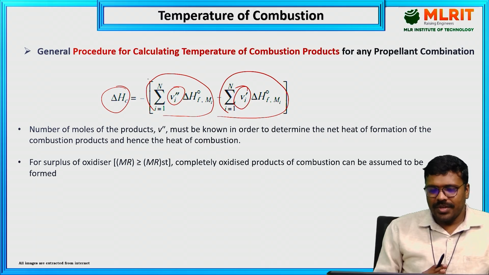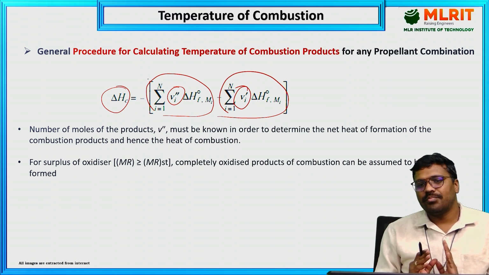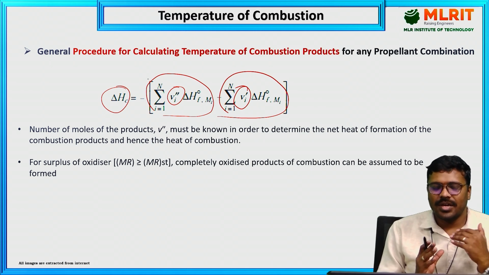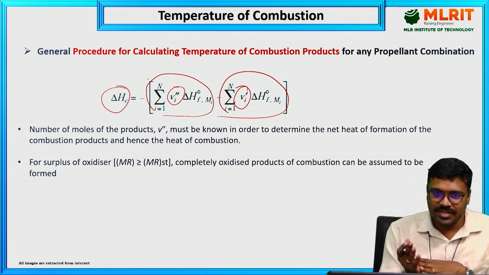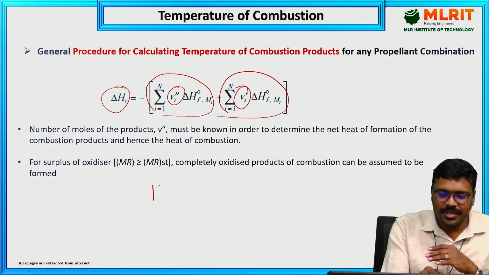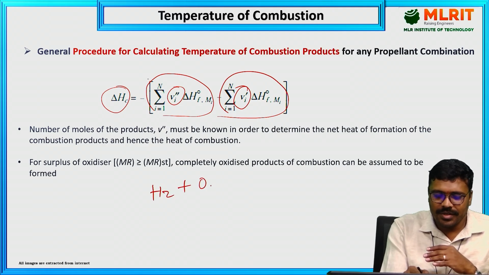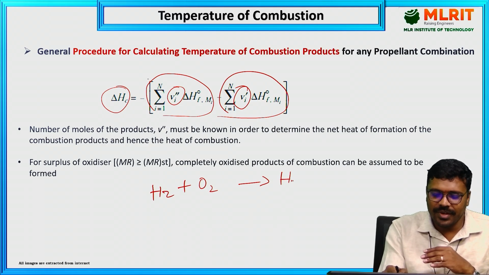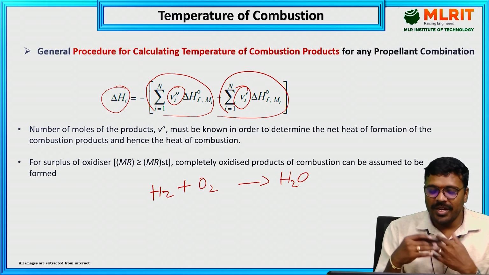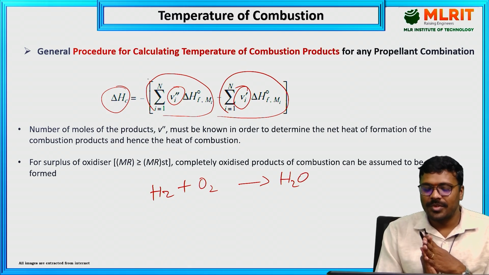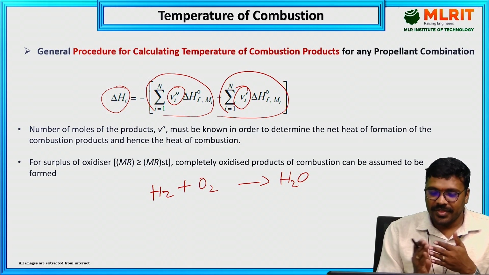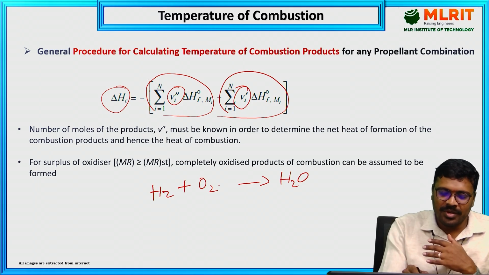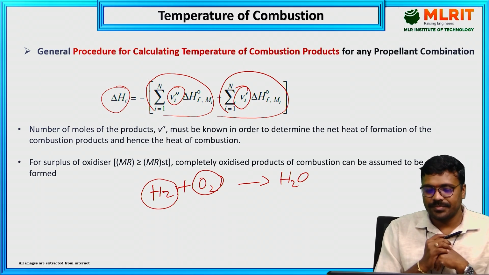Okay, we even have to find the products. Suppose hydrogen is there, oxygen is there, hydrogen plus oxygen will give you H2O, but how many moles of H2O are going to form will be decided based upon the amount of oxygen provided and the amount of hydrogen provided.